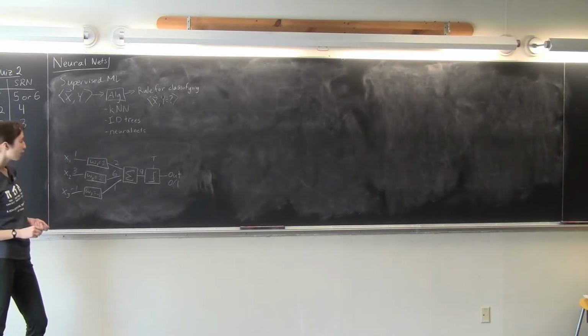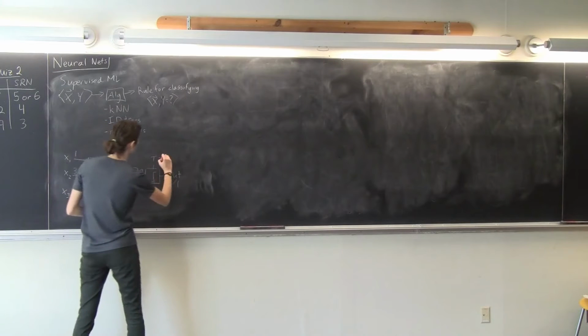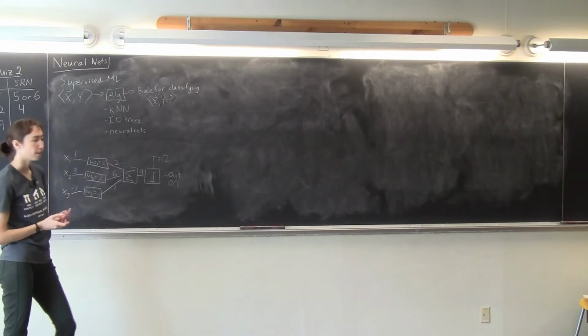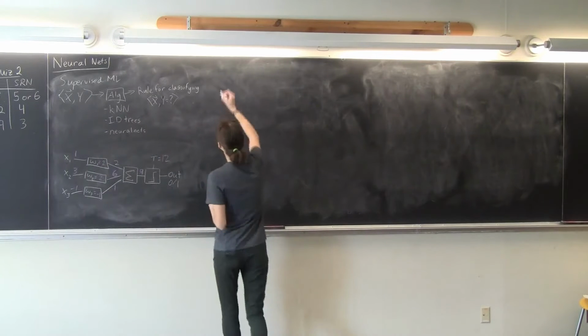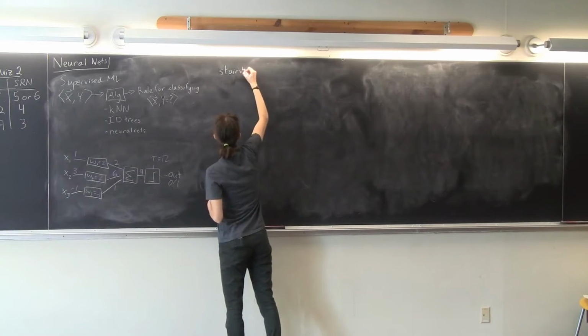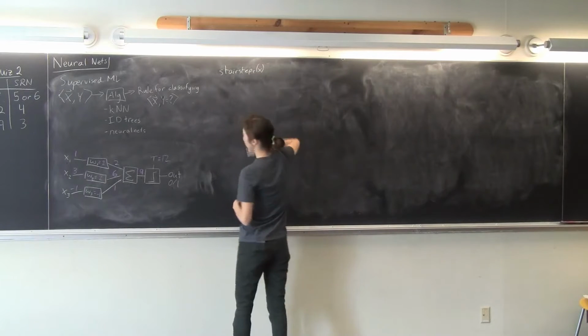Let's say that our threshold is 12. The way that we're going to deal with the threshold, in this case, is a stairstep function. The stairstep function has some threshold t and it takes in a value that we'll call x.